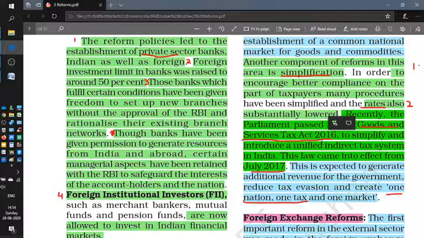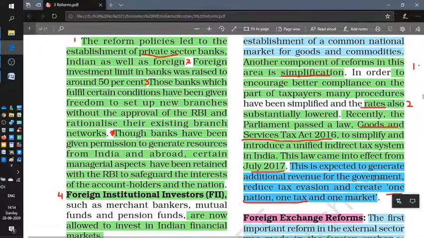But the rates of tax are different. It can be 0%, 10, 12, 18, 28%. Some goods fall in these categories of percentage, but compared to the earlier system, this has been very systematic, and that's why this is a very important legislation, a very important act that can bring about a change in indirect taxation in India.